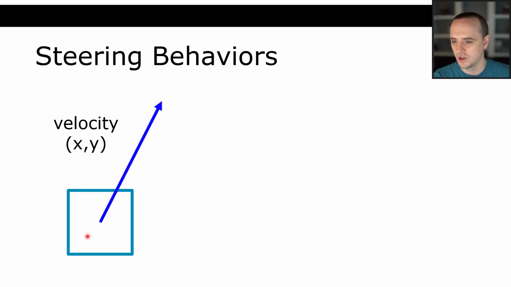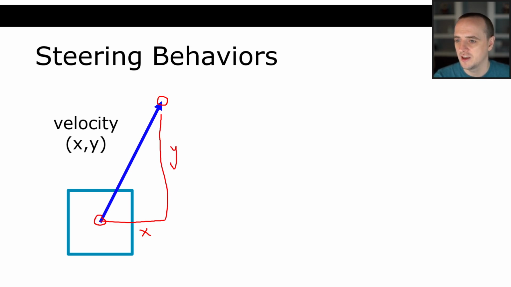If on one frame I'm right here, and the next frame I'm right here, then this is the X change of the object, and this is the Y change. So the velocity is represented by XY, the change in the object's position each frame.